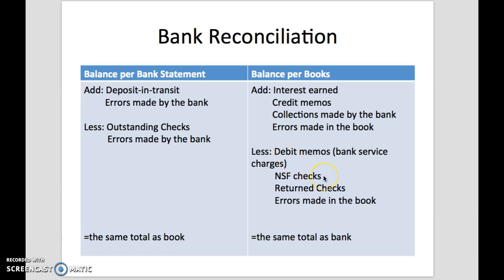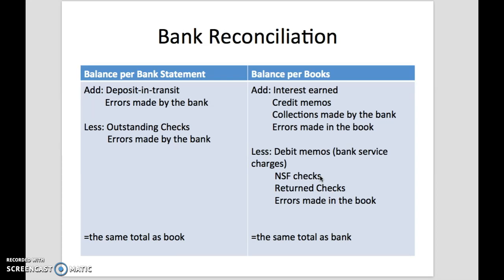For the NSF checks, initially you thought that you were paid a certain amount already, so you have a balance here. So you deposited in the bank, but then apparently through the process of clearing, they notify you that the check that you deposited was an NSF check. So meaning your payer did not have enough money to pay you.